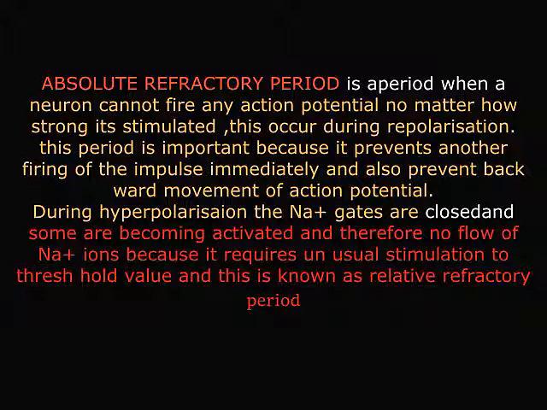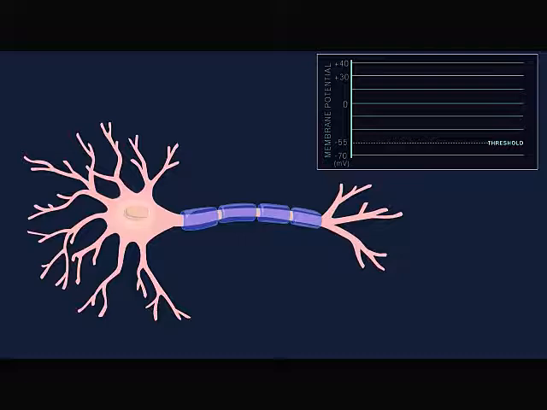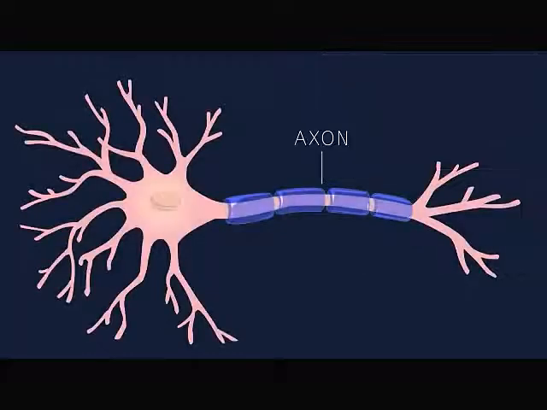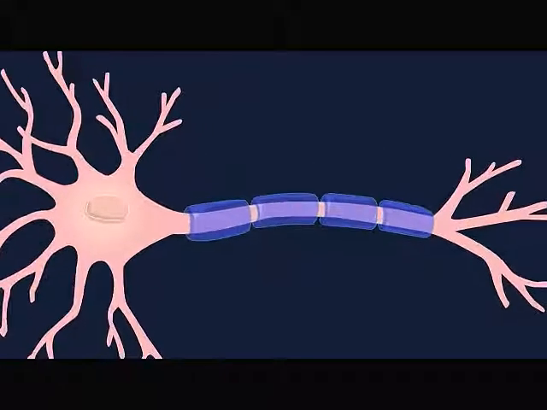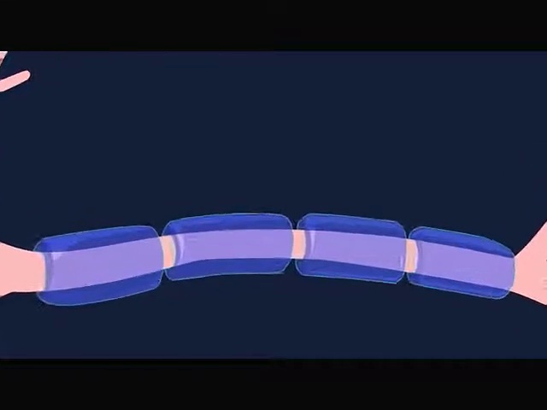Now we can also talk about the speed at which the action potential is moving along the axon. That is controlled by different factors, but the major factor is the presence of the myelin sheath. When you look at that video, you will see the swellings along the axon, covering the axon.